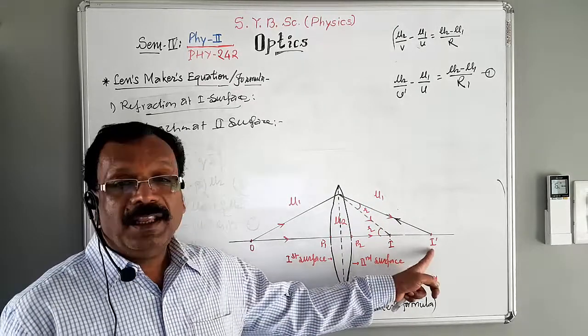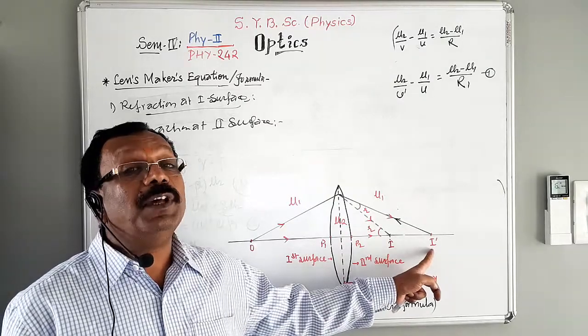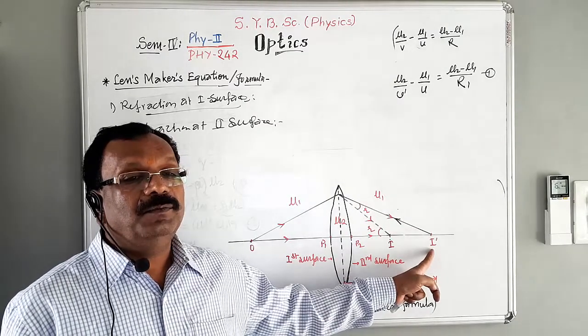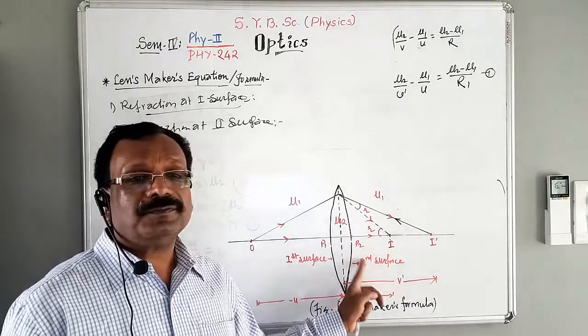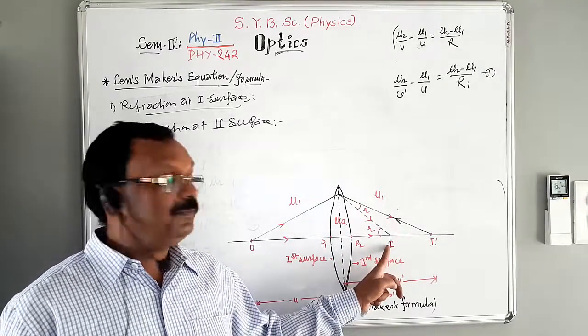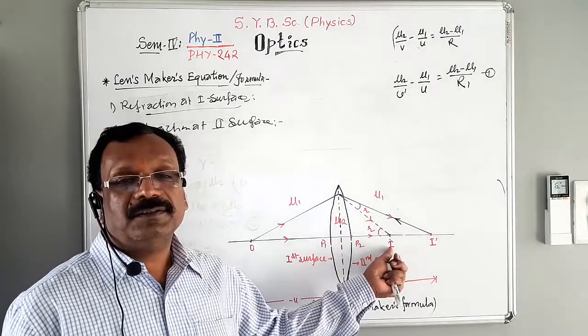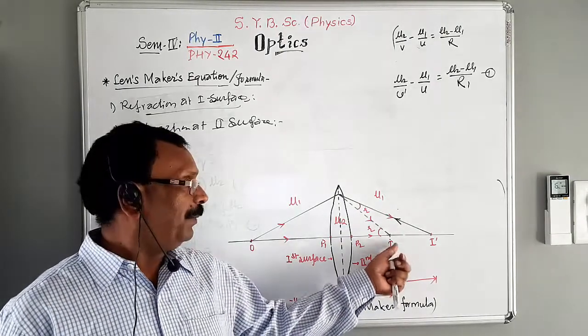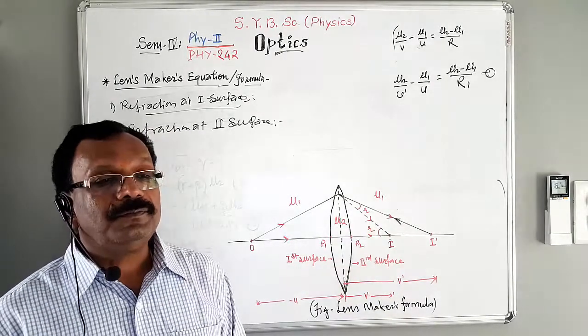Thus, image I prime may be regarded as a virtual object for the second surface, and its real image is formed at this point I in the medium of refractive index mu1.